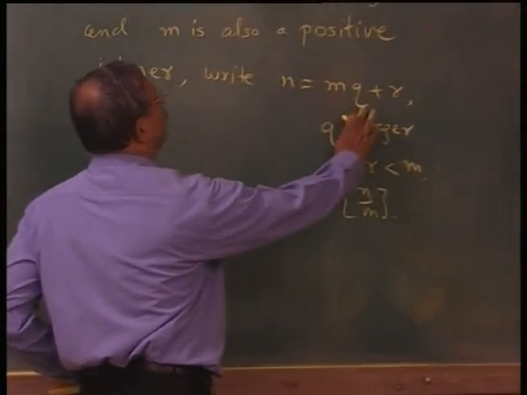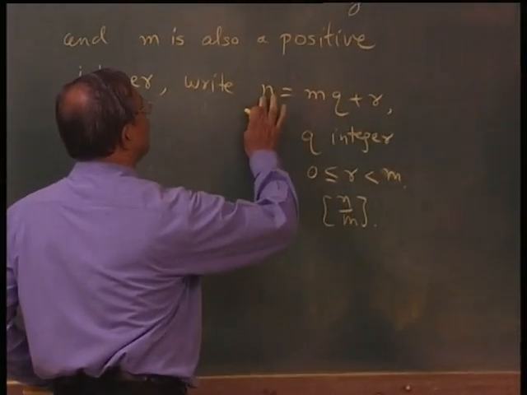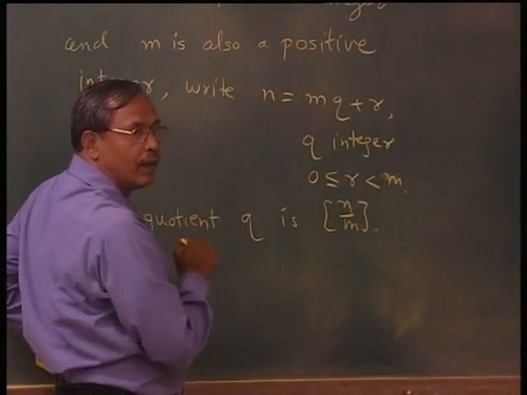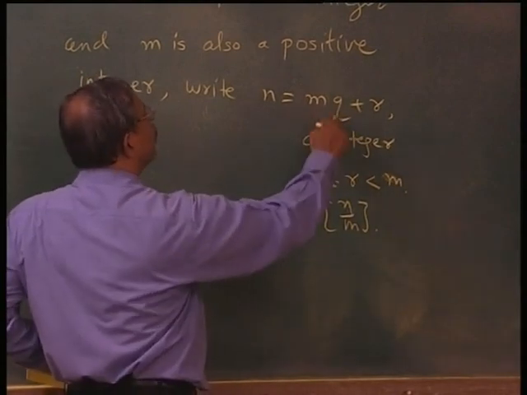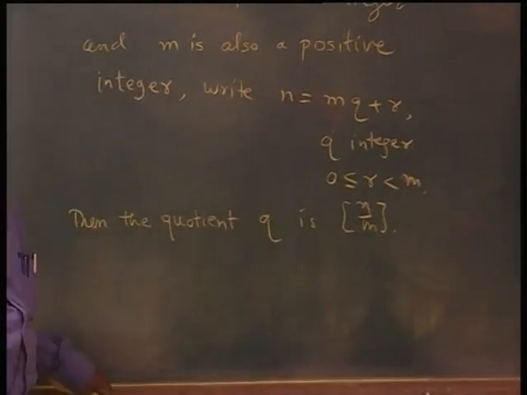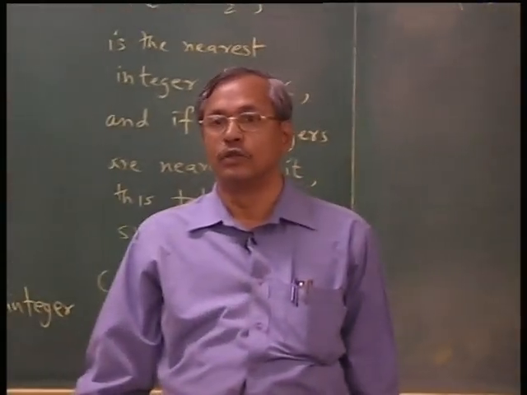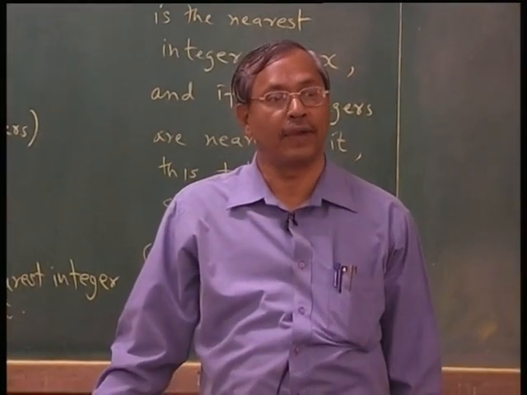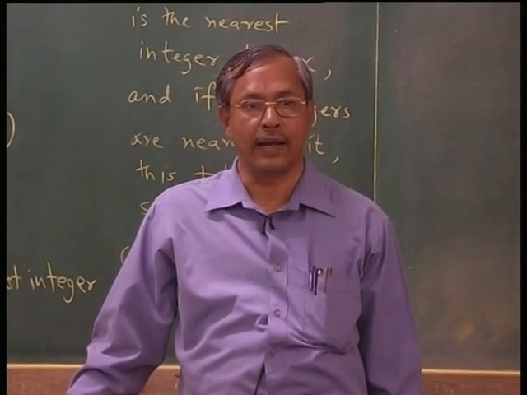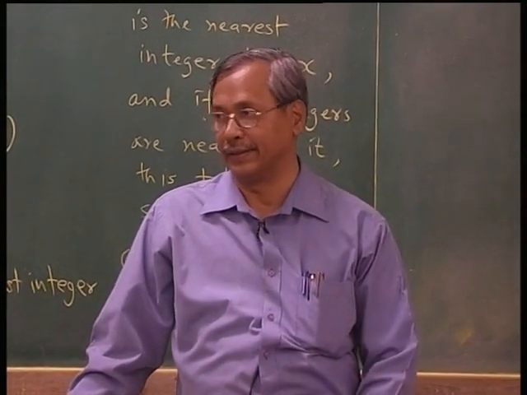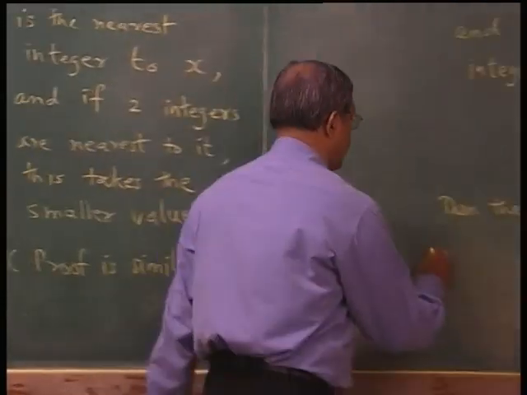So you see that m times q is less than or equal to n. But if you go beyond this, q plus 1 times m, that becomes larger.